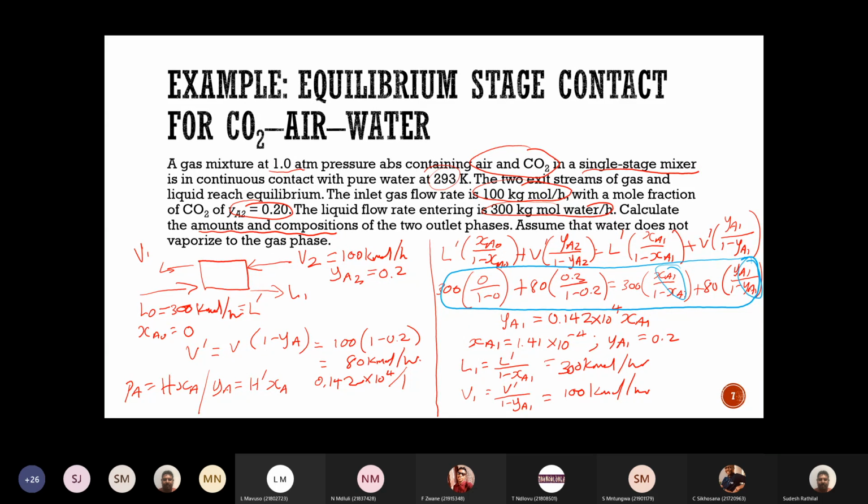In my equilibrium equation, there are also two unknowns, the same two unknowns, YA1 and XA1. So this is simultaneous equations. I'm sure you've done this in maths, and that is how we calculate XA1 and YA1. Does that answer your question, whoever asked?